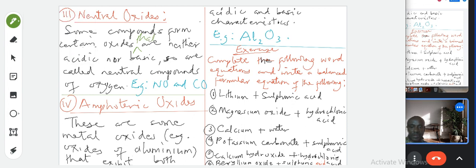Examples are nitrogen oxide and carbon monoxide. Take note of that.